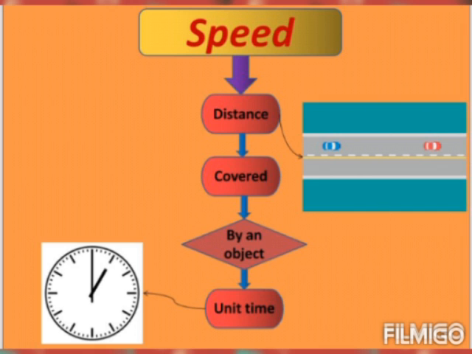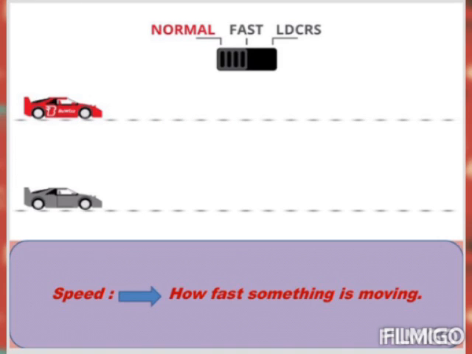The definition of speed is the distance covered by an object in unit time. For example, if we compare two objects, one object is faster than the other.